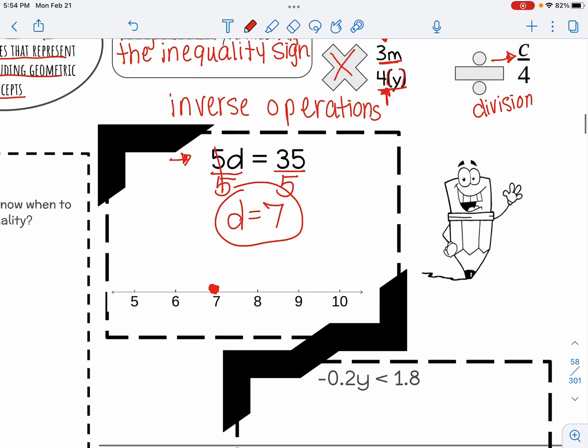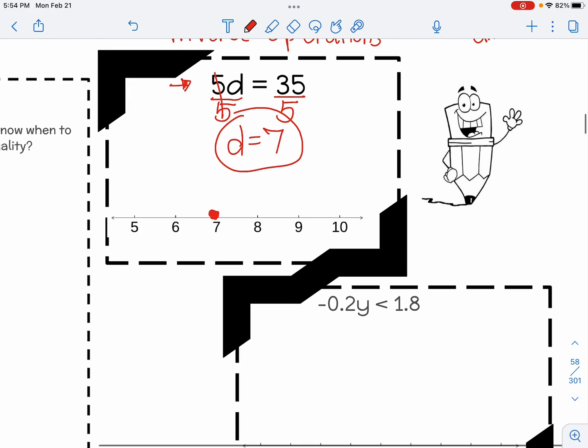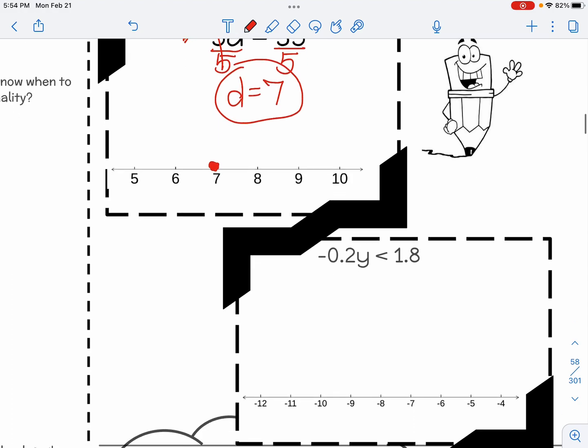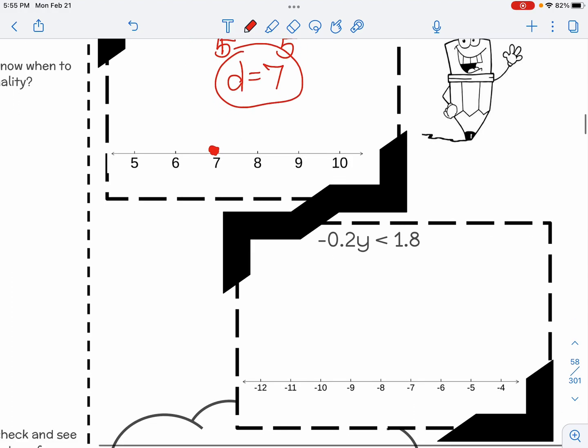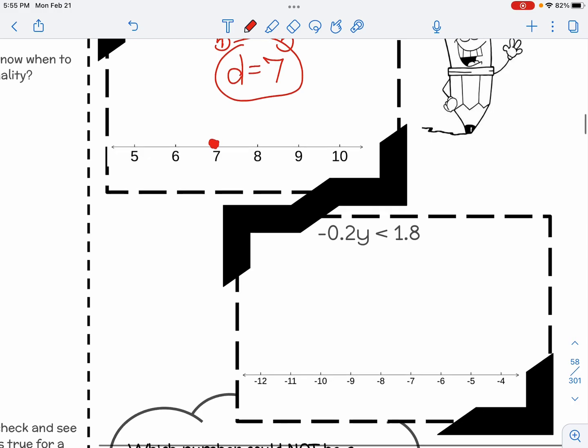Okay, now here we are with the inequality sign when we are going to flip it. I have negative 2/10 y is less than 1 8/10. Okay, so let me identify what operation is going on here. So we're multiplying. So in order for me to solve for y, I'm going to use the inverse operation, which is division. So I'm going to divide by negative 2/10, and what I do to one side, I do to the other.